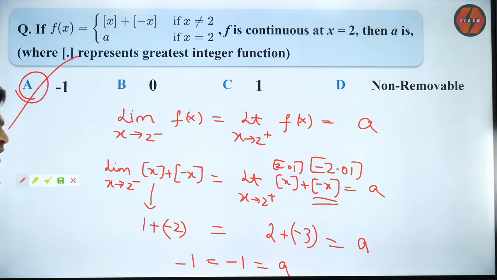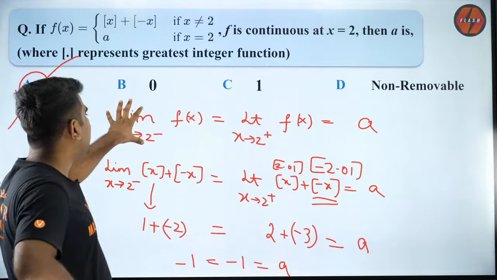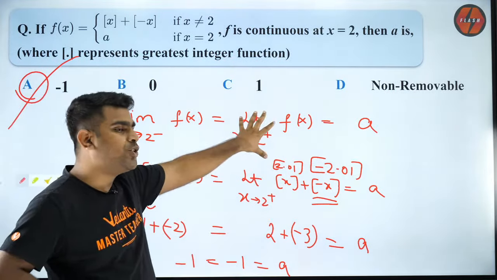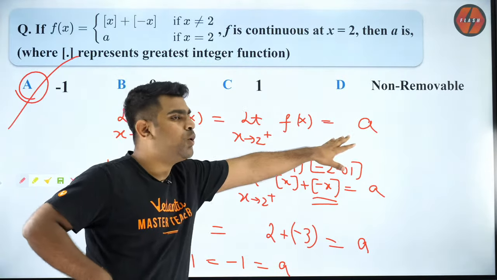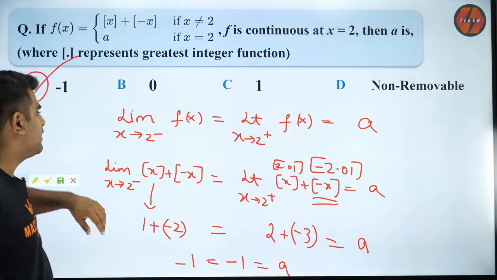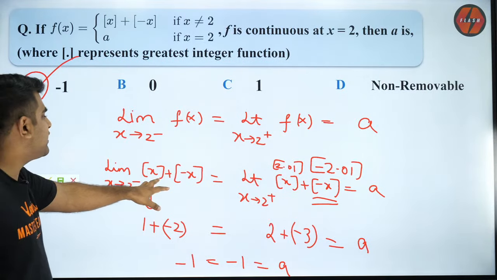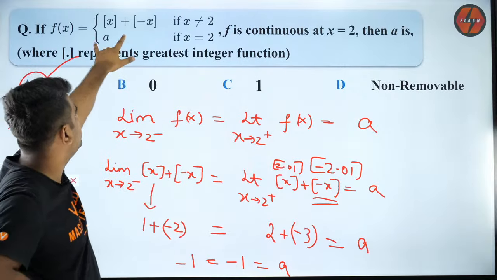So Maruti Neta, what I did was limit x tending to 2 minus, which is the left hand limit, is equal to the right hand limit is equal to a. Got it? So we have limit x tending to 2 minus GIF of x plus GIF of minus x, because that is the function.